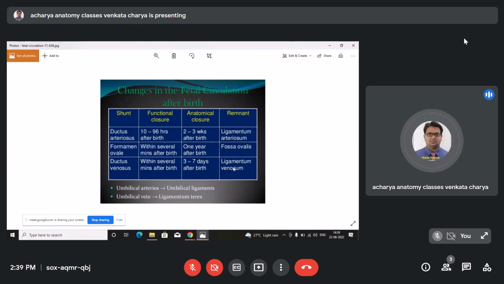The umbilical vein becomes the ligamentum teres. So these are the changes in the fetal circulation after birth. Are you getting?